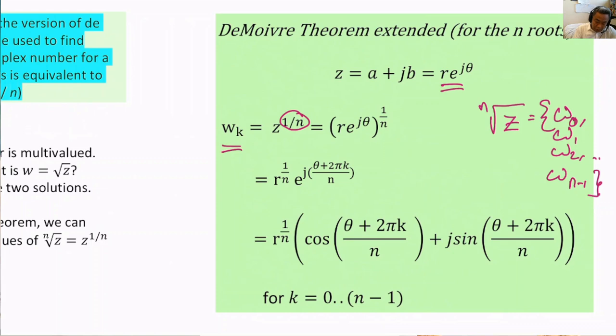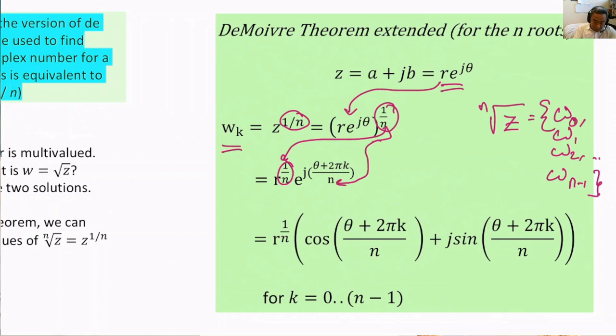So how do we take this? Again, we put the value of z in the polar coordinate, the complex exponential form here, and we're exponentiating by 1 over n. You will see that it looks very much like De Moivre's theorem. The 1 over n is shifted into the individual terms over here, as well as here.